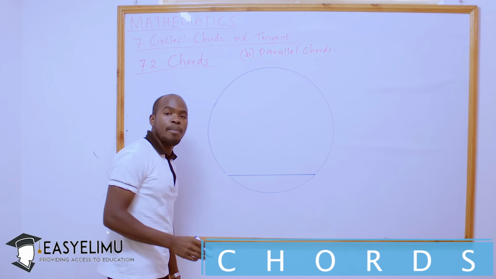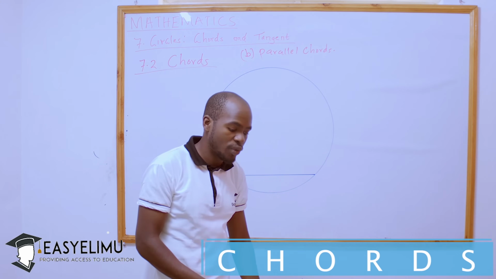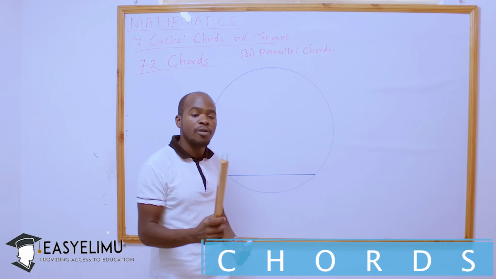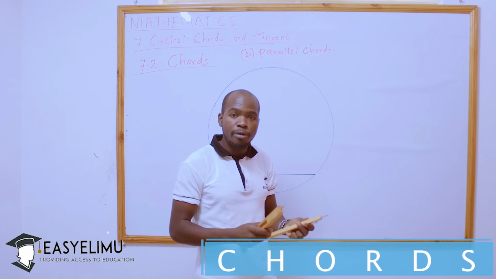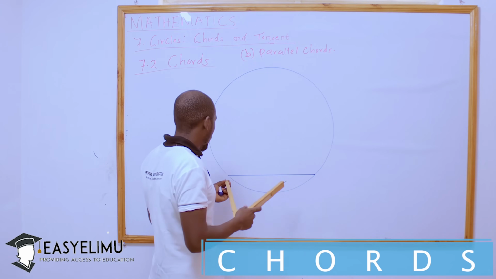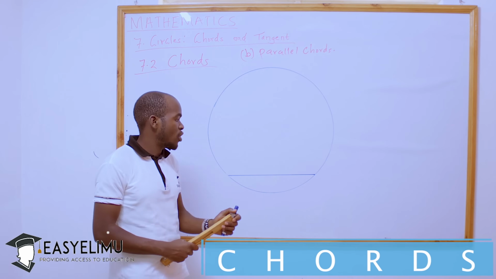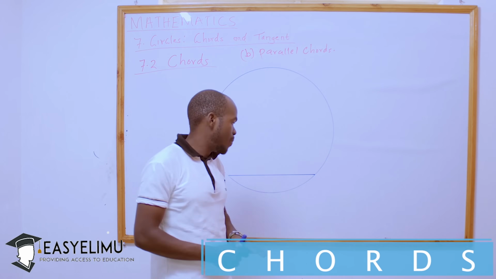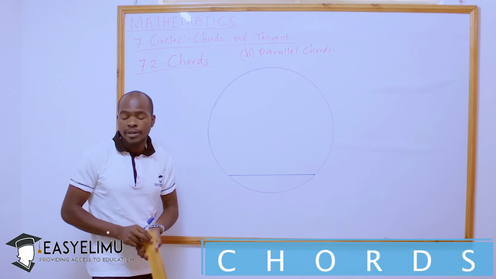If you want to construct that one, you measure the given length using your pair of dividers before constructing. Then you measure 8 cm. Let me see how mine is. Mine is almost 8.5 cm using my given scale of measurement.